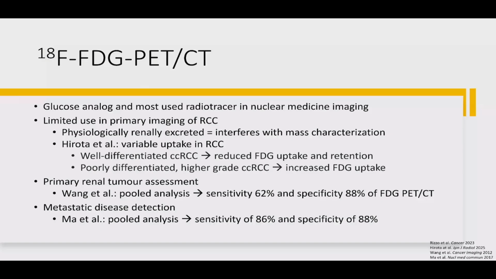It also has variable uptake with decreased uptake in well-differentiated clear cell RCC and increased uptake in poorly differentiated high-grade disease. Studies have looked at FDG PET as both a tool for primary renal tumor assessment and metastatic disease detection. And although it has good performance at detecting metastatic disease, sensitivity was quite marginal for primary tumor assessment.